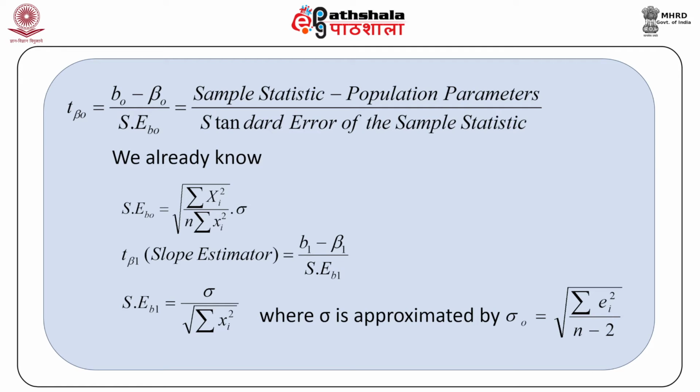T beta 1, the slope estimator, is equal to b1 minus beta 1 upon SE b1. SE b1 further is equal to sigma upon the square root of sigma xi square, where sigma is approximated by sigma hat, which is equal to the square root of sigma ei square upon n minus 2.